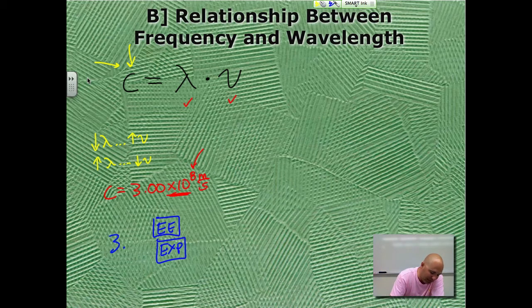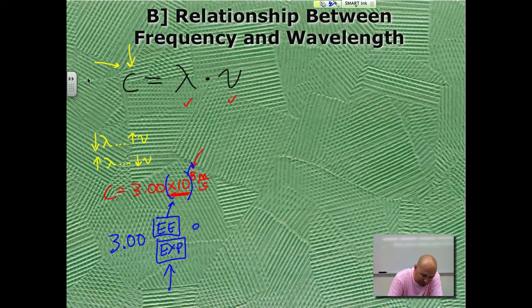In order to type this in, all you need to do is go 3.00, of course you could just go 3, but 3.00, EE or EXP. Don't hit the times and then the EE, times 10 EE. It's just this one key. EE means times 10 to a power.